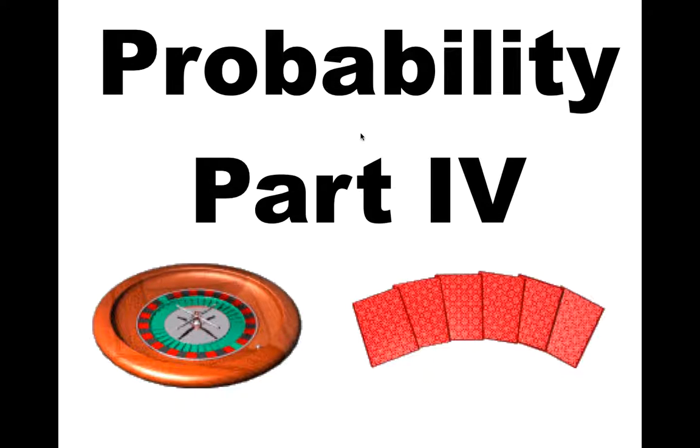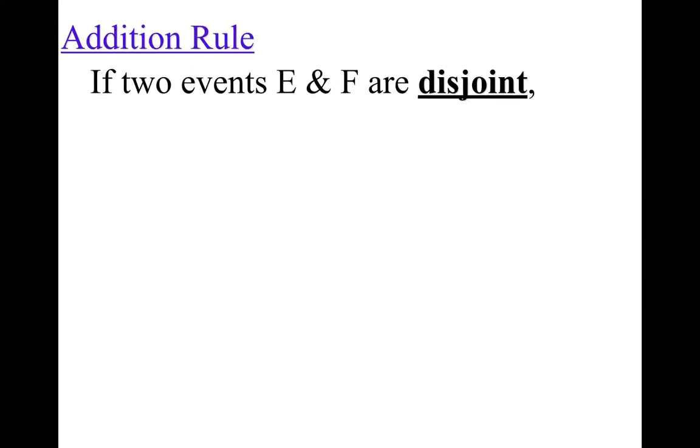So just a brief review of what we've been doing. We used the addition rule the other day, yesterday, or the day before, I guess, losing track of days. The addition rule is where we have disjoint events. This time I use the terms events E and F. Disjoint means you cannot have an outcome occur at the same time in both events.